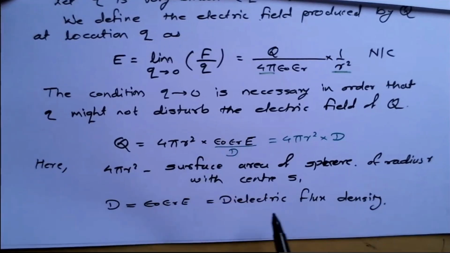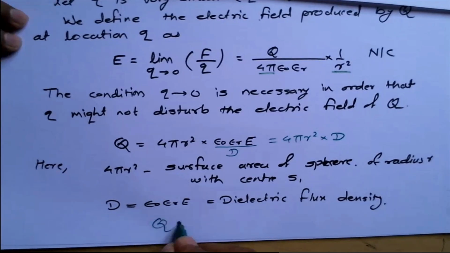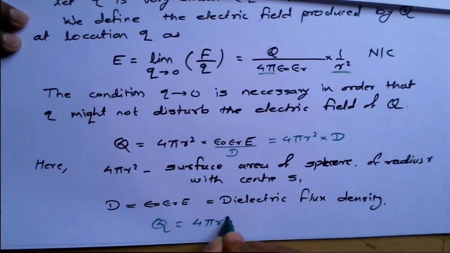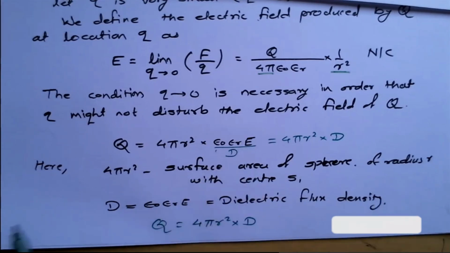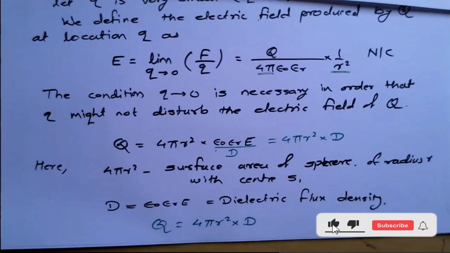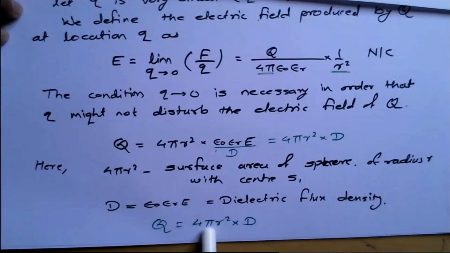So from this equation, I will rewrite it: Q is equal to 4 pi r square into D, and D is the dielectric flux density, which is given by epsilon 0 epsilon r into E. So here we get Gauss's law, which is the surface integral of dielectric flux density over a closed surface equal to the total charge enclosed.